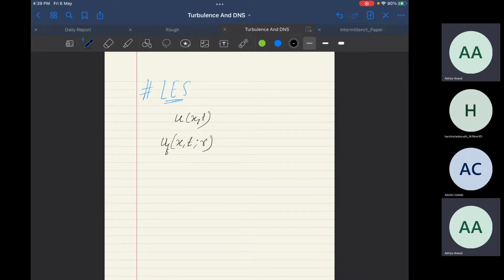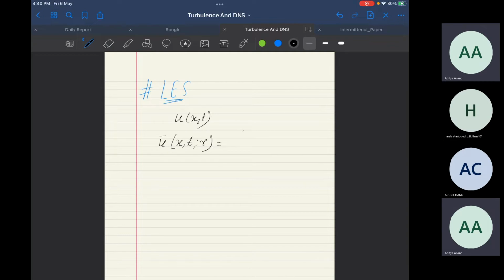Let me follow the notations from the textbook. The book uses an over bar to represent the filtering operation.